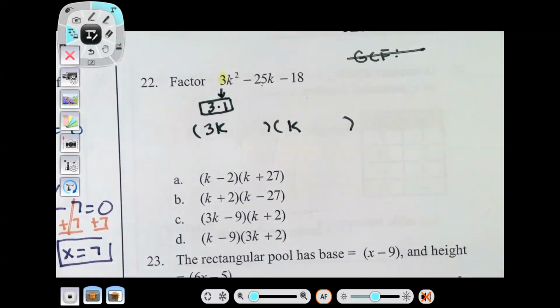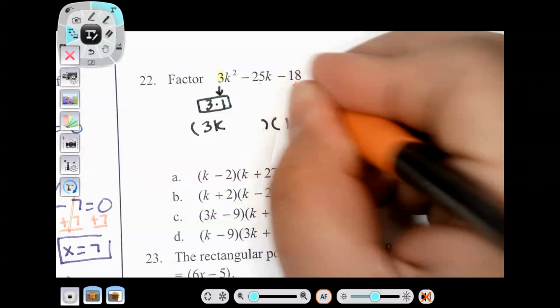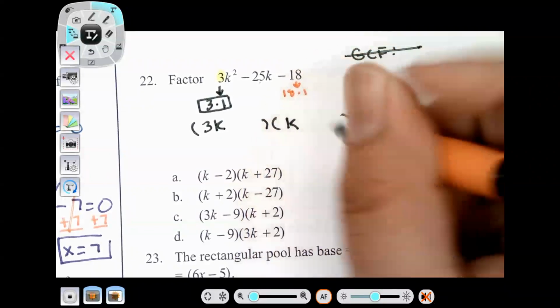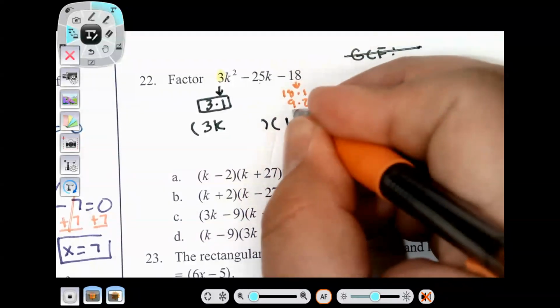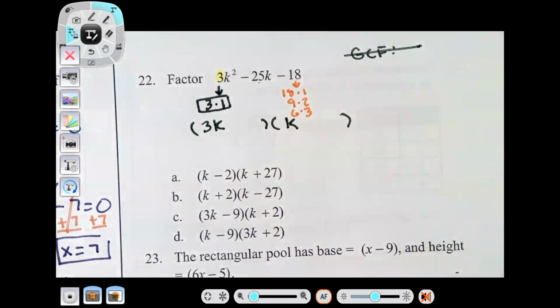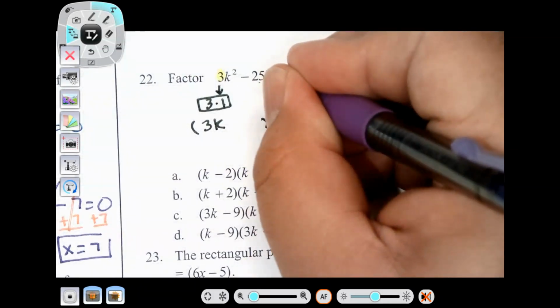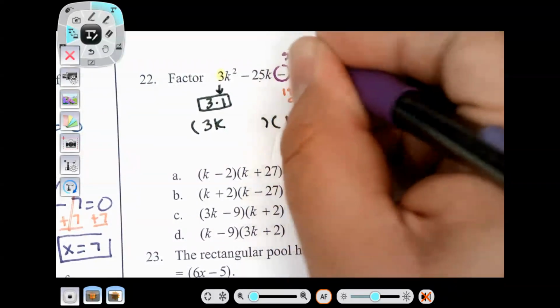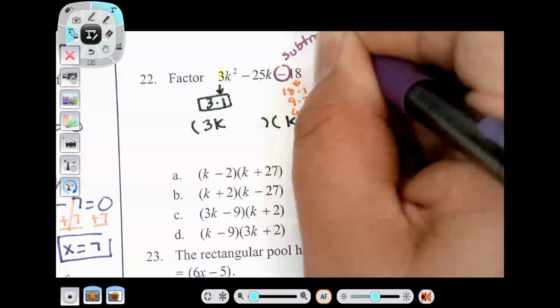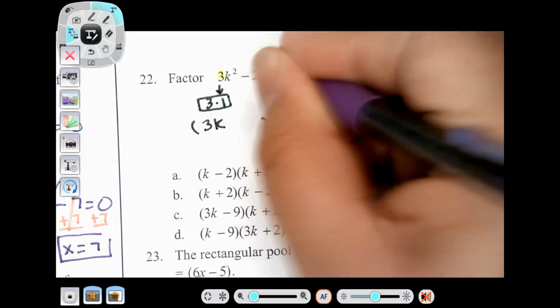All right, but now I need to break down this 18. That's 18 times 1, 9 times 2, 6 times 3. And let's think about our goal. Our goal is subtraction. That's the goal. I am going to subtract to get a 25 out of it.